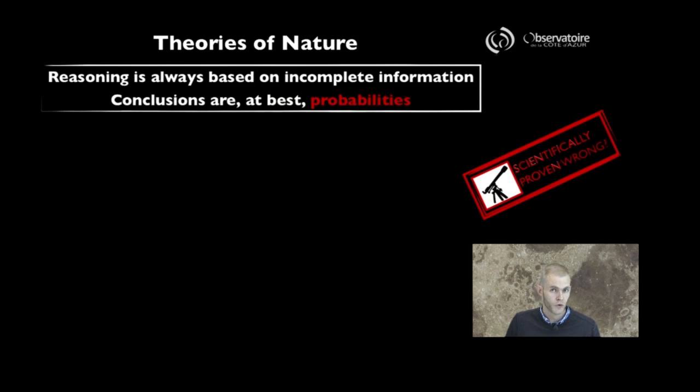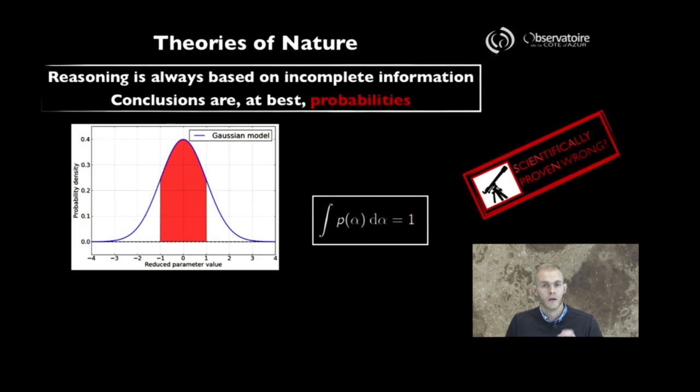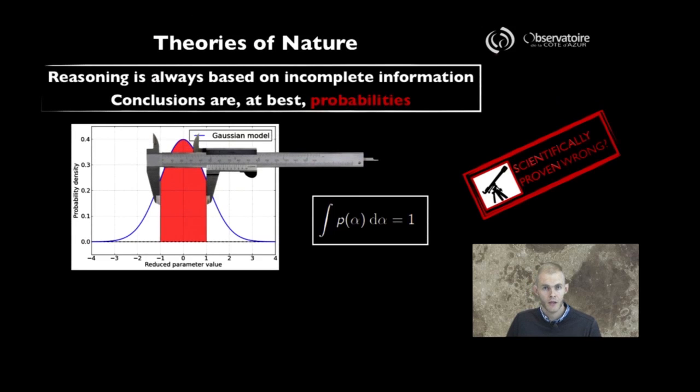And what is a probability? A probability is going to be some real number between 0 and 1 typically that quantifies the amount of trust we have in a given theory. One way to see that is simply by acknowledging that even measurements are probabilistic.